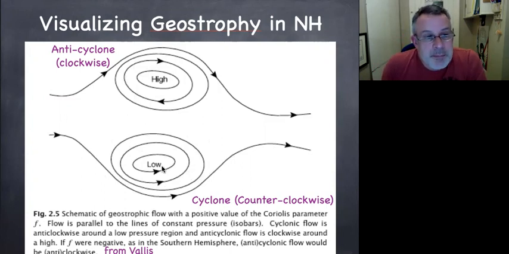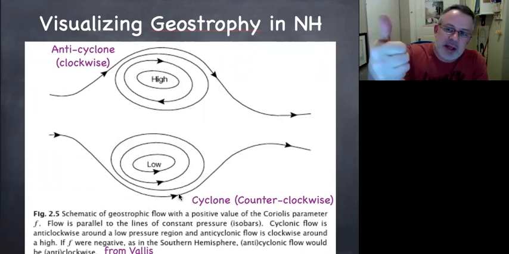In both hemispheres, we have an anticyclone, which is anti-rotation relative to the direction of the Earth, around a high pressure system, and a low leads to a cyclone, which is a rotation in the same direction as the Earth, around a low system. So low systems are cyclones, cyclonic, the same direction as the rotation of the Earth.